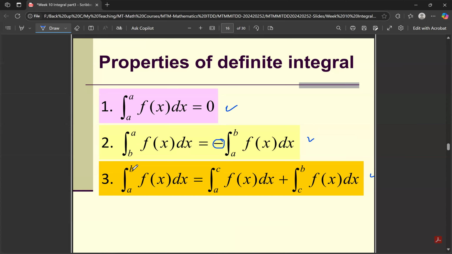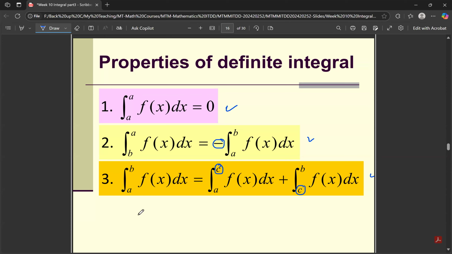And we can get the addition of integrals, the requirement being that c is in the middle of a and b.